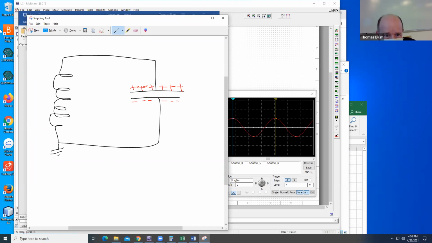Now these positive charges, they don't like each other, and the negative charges don't like each other, and they can't get together through this direct path because there's this dielectric material in there. But now there's a path through the inductor to the other side. So these charges start to leave to go through the inductor and get to the other side and meet up with the negatives that they're attracted to.